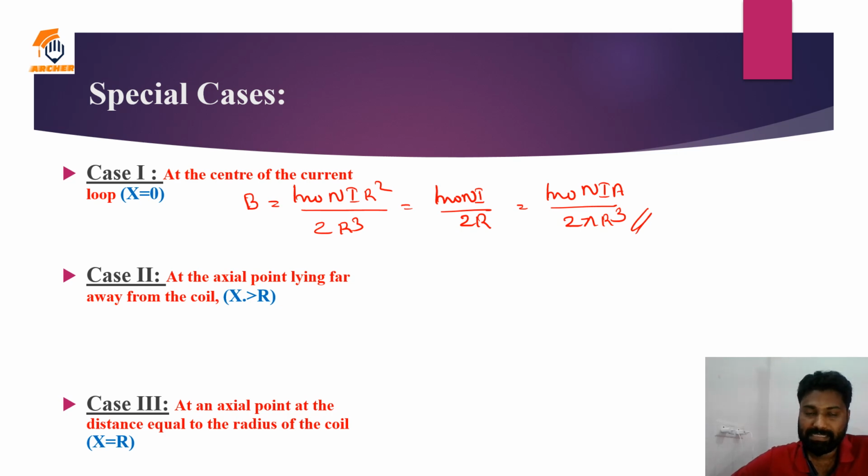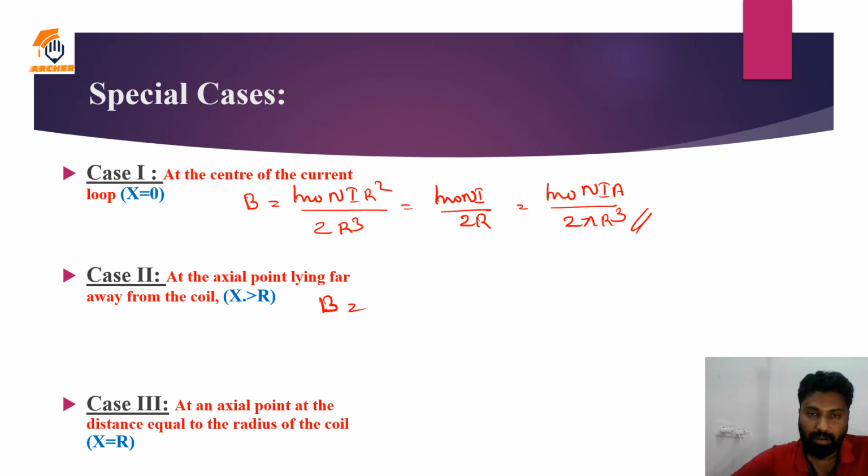So next is at the axial point lying far away from the coil, that is x is greater than r. That is, the distance between axial point and the center is greater than the radius of the loop. Then how we can write this?